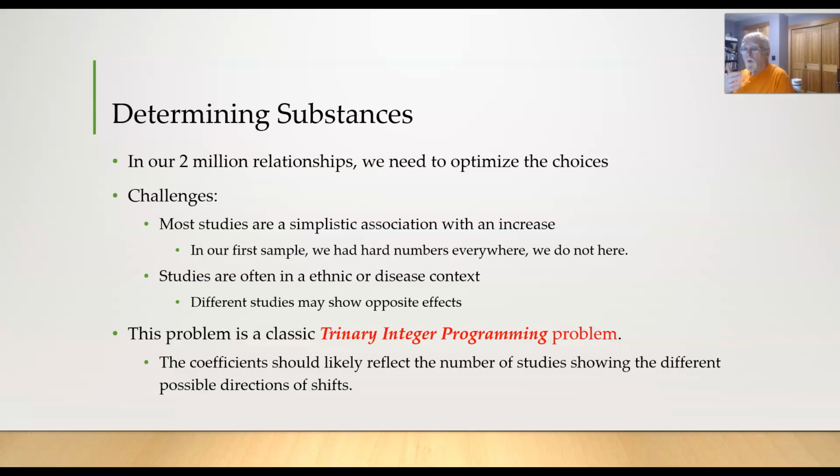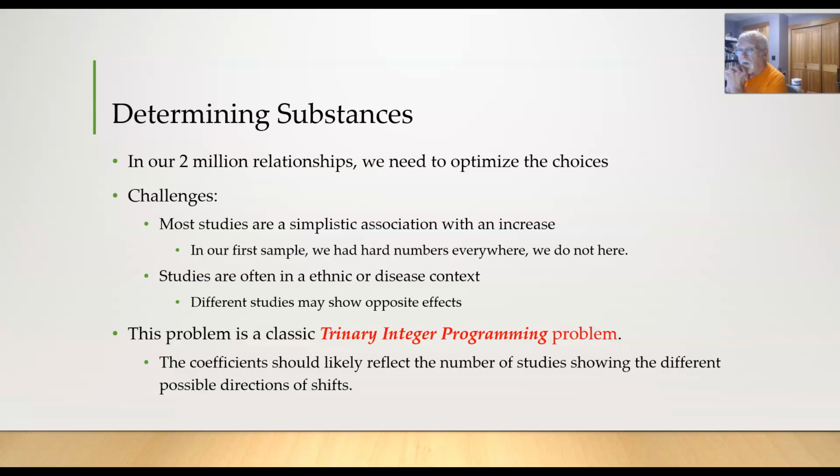Most studies have simplistic association with an increase. In an example we did, we had very hard numbers everywhere. In the real world, we don't have that. Studies are often in an ethnic or disease context.